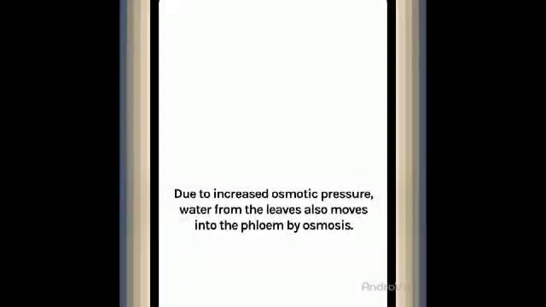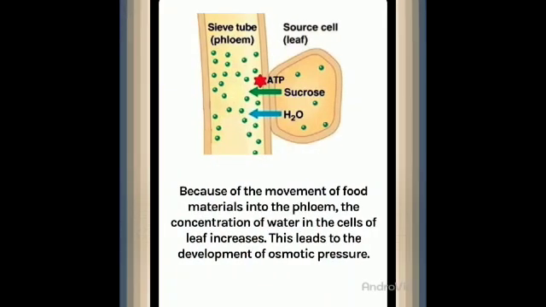So children, due to increased osmotic pressure, water from the leaves also moves into the phloem by osmosis. Here you can understand the water molecule concentration is higher in the source cell and water molecule concentration is lower in the sieve tube, right? Why does it get lower?